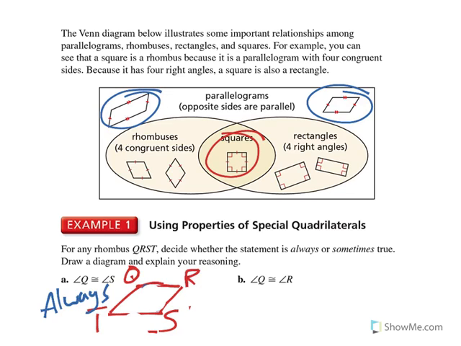But just because it's a rhombus, they could sometimes be congruent because a square is a rhombus, and in a square, Q and R would both be 90 degrees, and so that would make them equal. So this one would be sometimes. Okay, so in a rhombus, sometimes the consecutive angles can be congruent, but because they are parallelograms, opposite angles are always congruent.